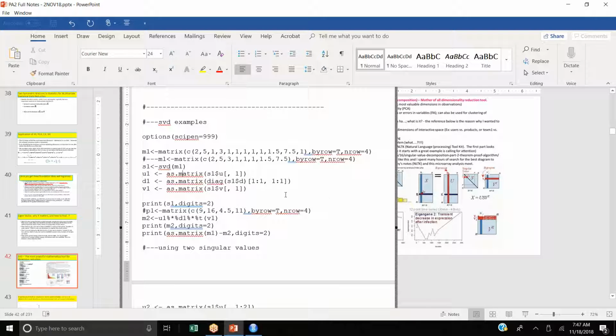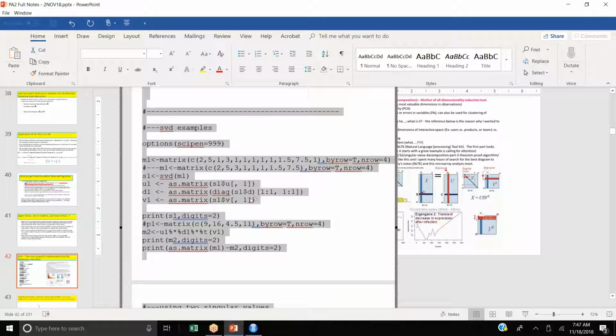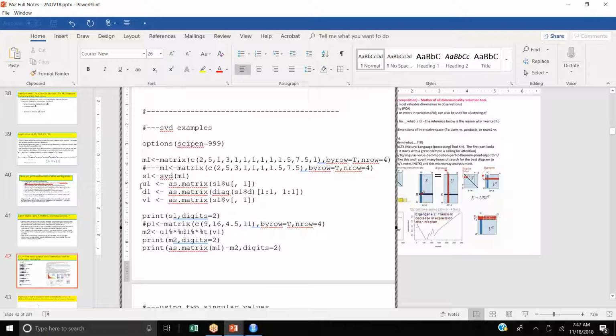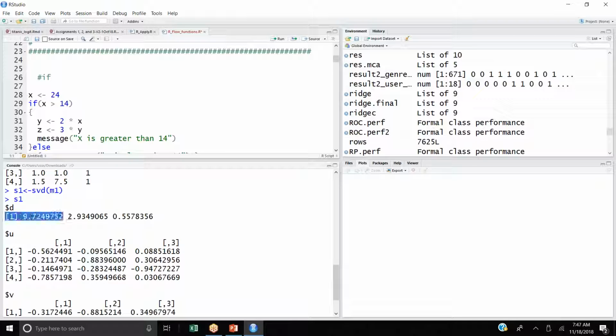What I'm saying is, I have created a toy matrix M1. And then I did singular value decomposition of that matrix. And I got these, which are called, remember, singular values. We don't call them eigenvalues.